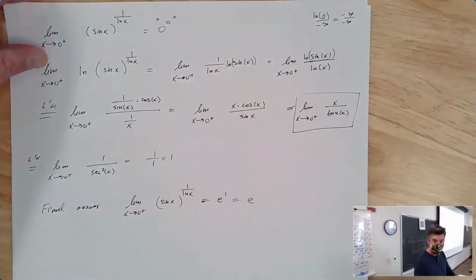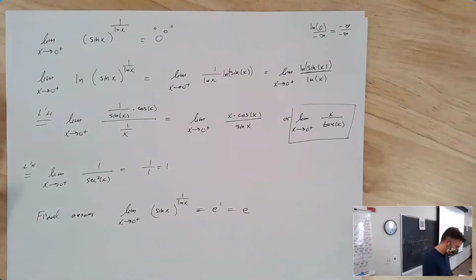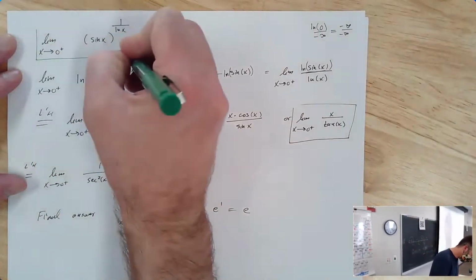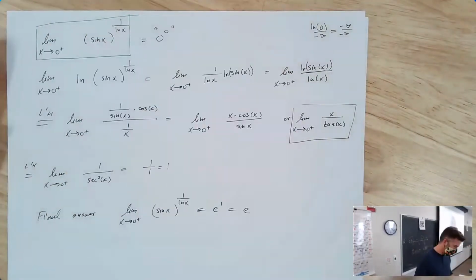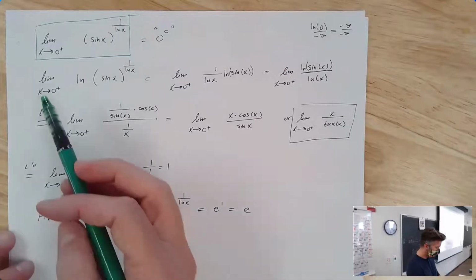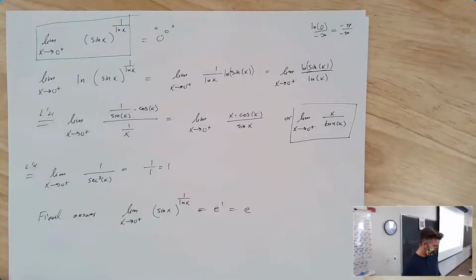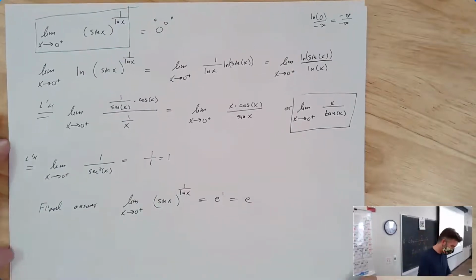All right. Excellent question. Why is it e to the whatever? So the thing is, our original question was to find the limit as x goes to 0 of sine of x to the 1 over natural log of x. But what we actually looked at was the limit as x goes to 0 of the natural log of sine of x to the 1 over natural log of x. So here's what's really happening.